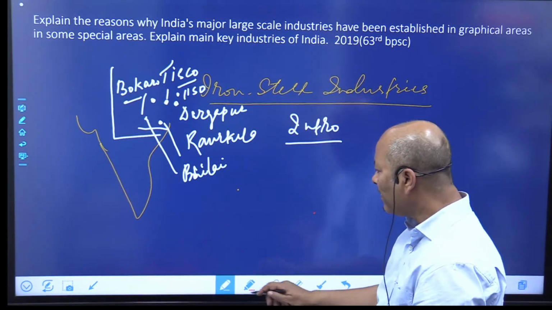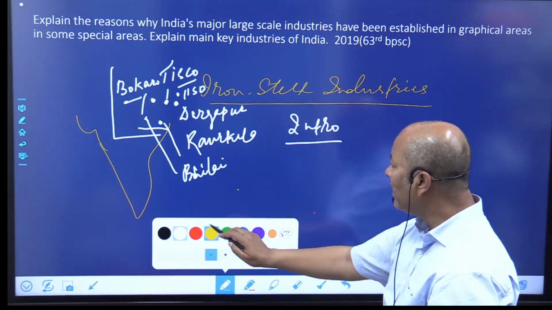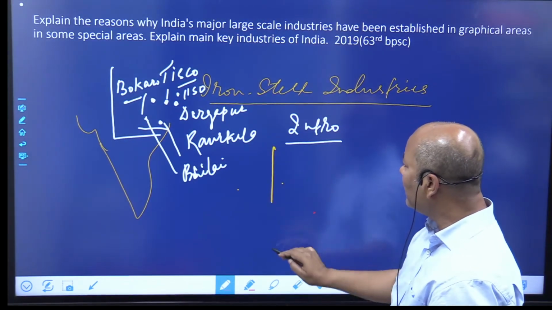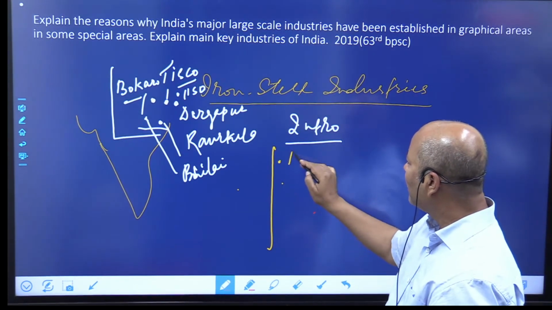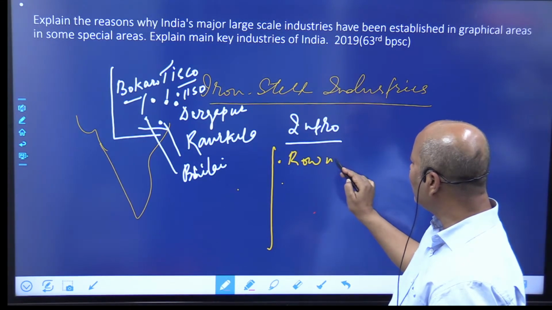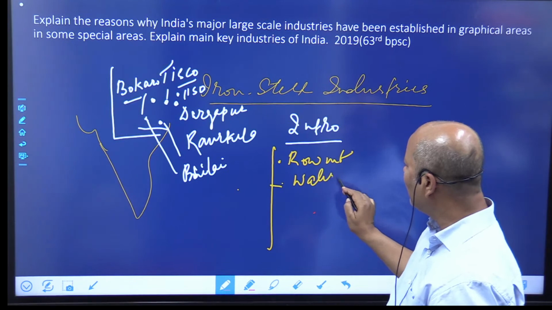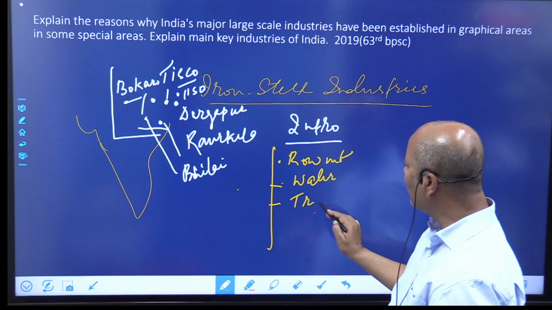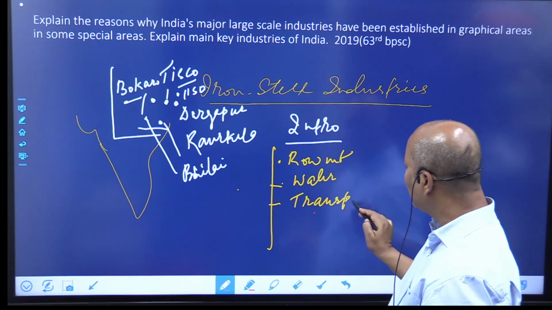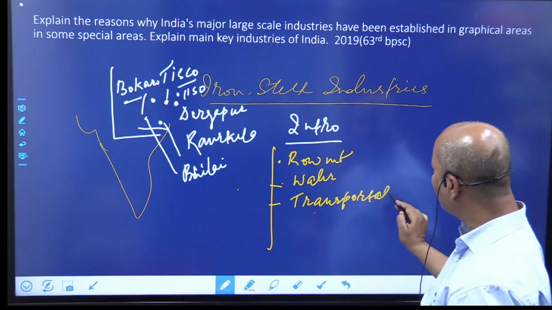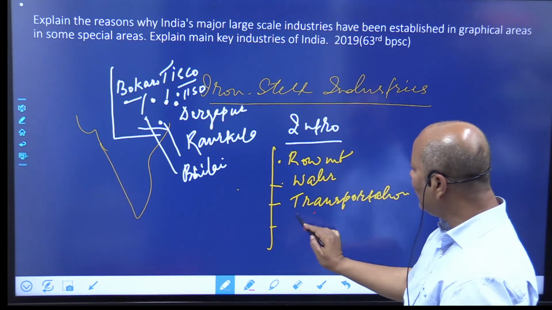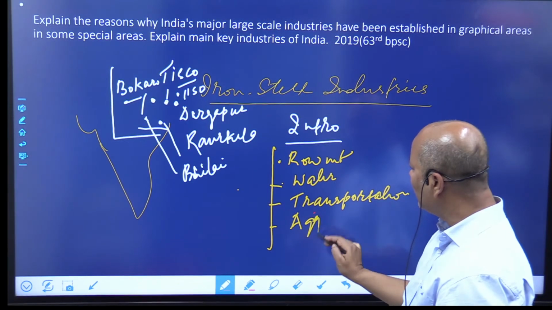So here, once you're going to draft a question, do one thing: write in points. The first factor is raw material. The second factor is water supply. The third is transportation. The fourth factor is agglomeration.